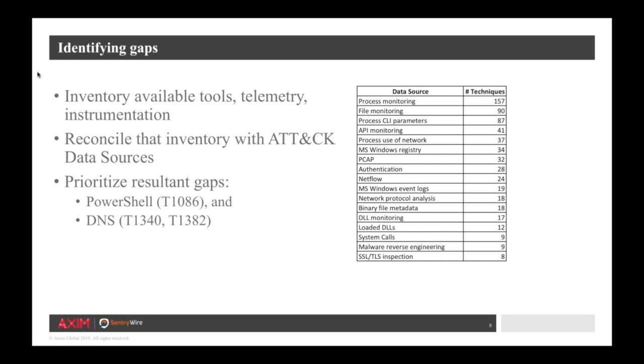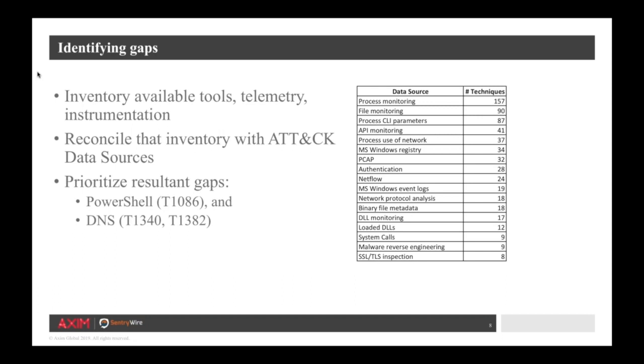The reason I'm saying that is this framework will not provide a one-to-one match for an alert and malicious activity. But you must start with an inventory of all of the tools in the enterprise that are available.